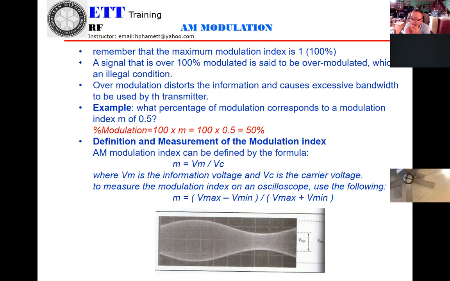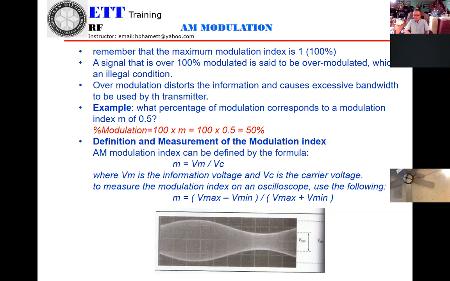Definition and measurement of the modulation index. The AM modulation index can be defined by the formula M equals Vm over Vc, where Vm is the information voltage and Vc is the carrier voltage. That's the general formula.